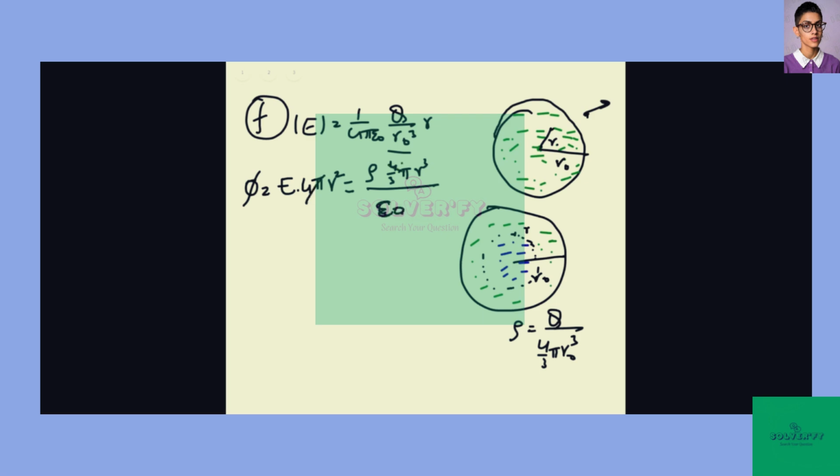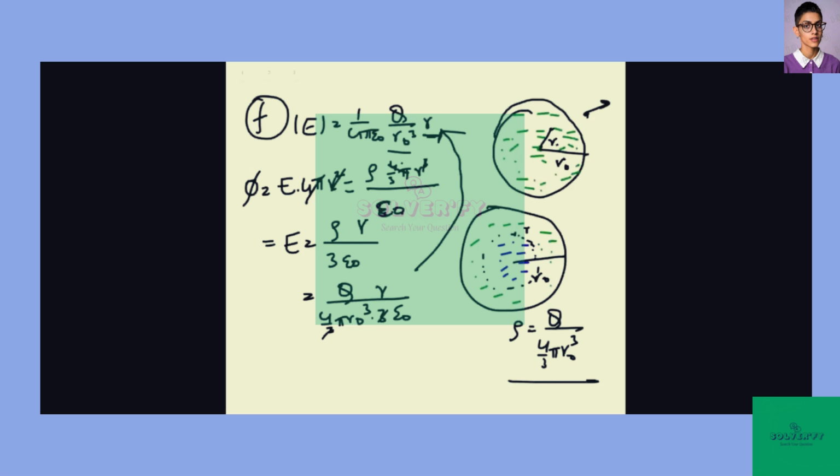Now we simply cancel the 4 pi and we have an r here. This gives us E is equal to rho r by 3 epsilon naught. Now using the formula for rho, we have rho equal to q by 4 by 3 pi r naught cubed, into r by 3 epsilon naught. There's an r. You can see that this is the same as this formula.